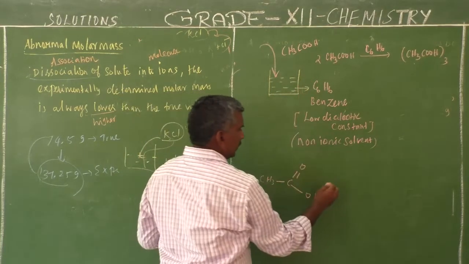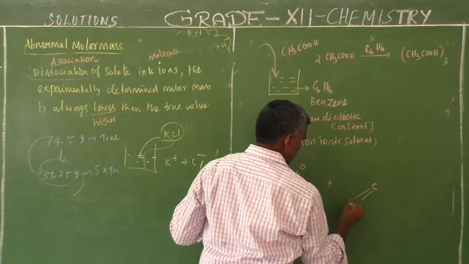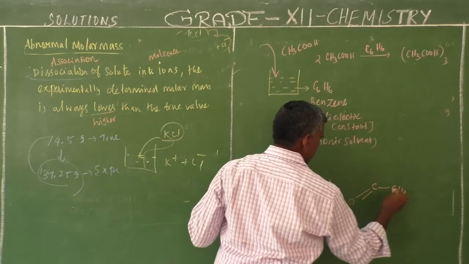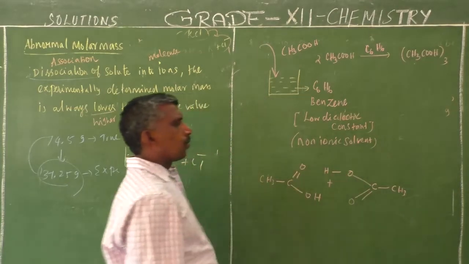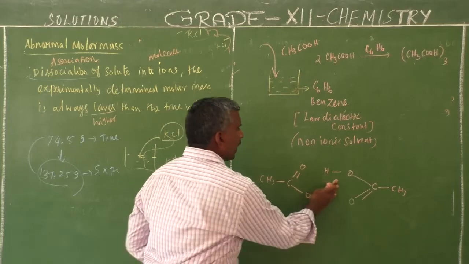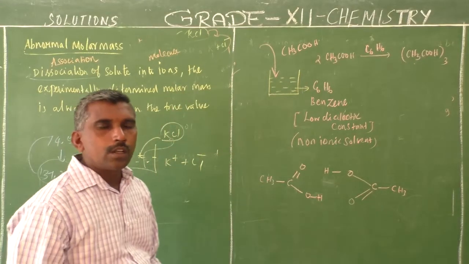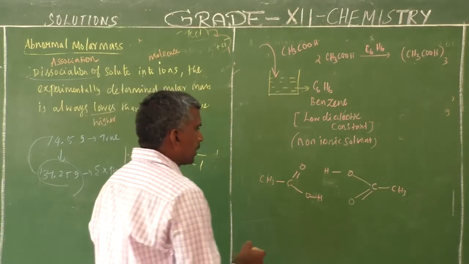So two molecules will be taken. Another molecule CH3, C double bond O, OH. What happens? These two molecules are associated. Associated means joined to form a hydrogen bond.